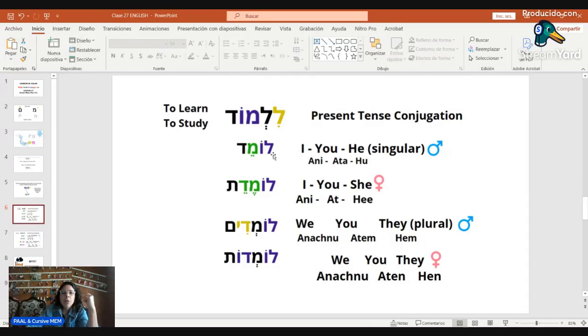You can see how we keep the shoresh and move holam vav to the second position. Then we add the letter tav, the last letter of the Hebrew alphabet, and when we add tav, we know it's feminine singular.